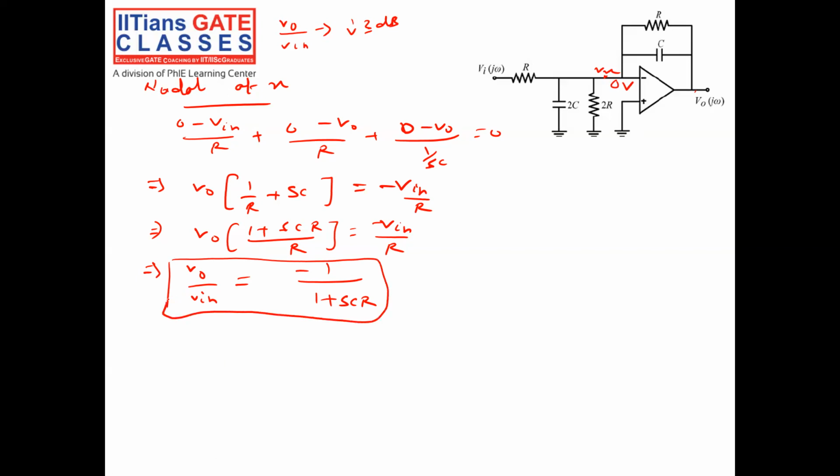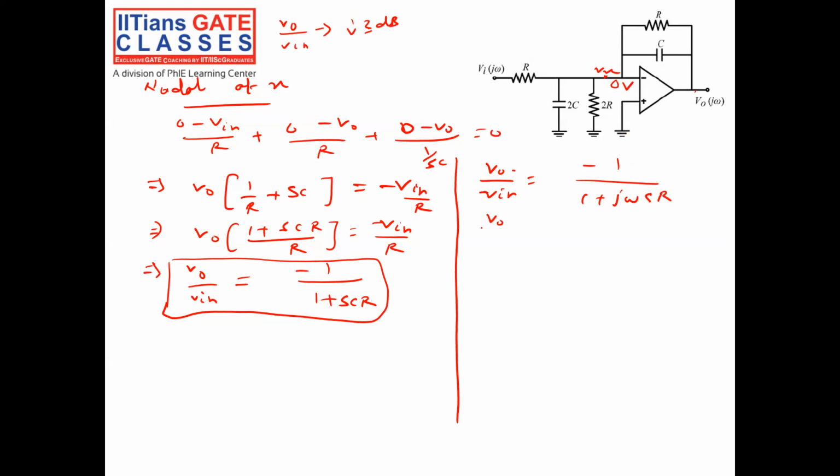This is my output by input. Okay, so if I see the magnitude of V0 by Vin, if you put S equal to j omega, it is 1 divided by 1 plus j omega CR.